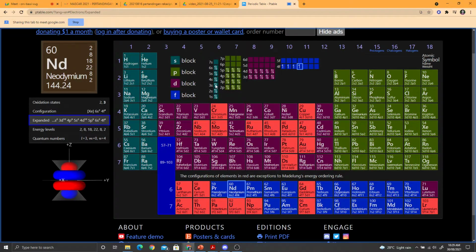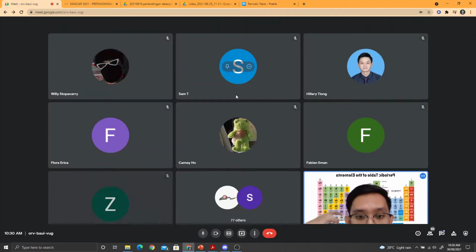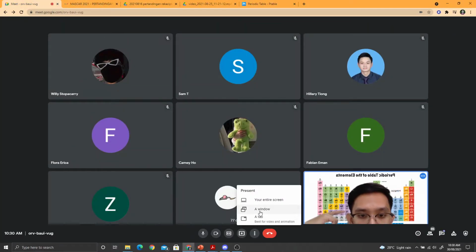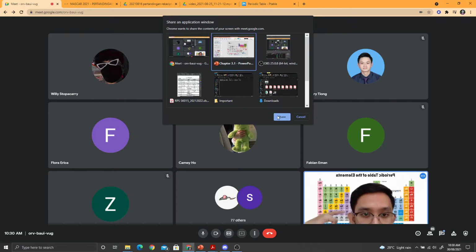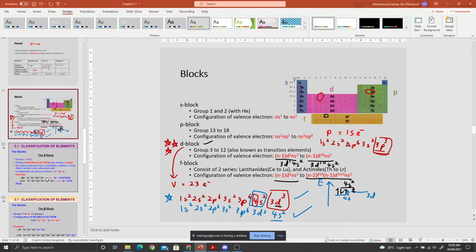And actually macam saya cakap tadi, bila dia penuh 4s ni, dia naik sikit atas dari 3D. So let's go back to the slide. So let's look on the slide.